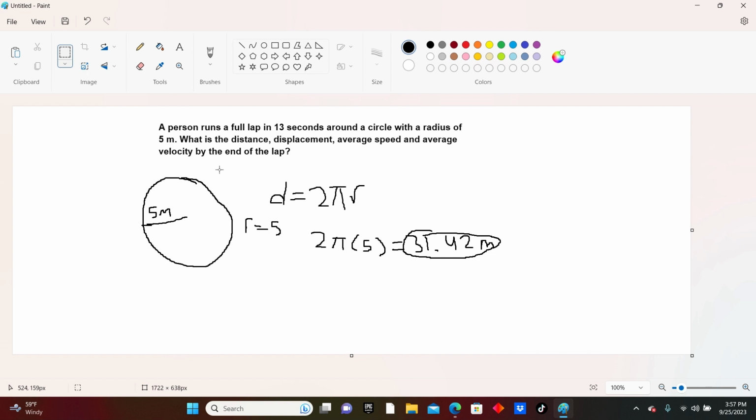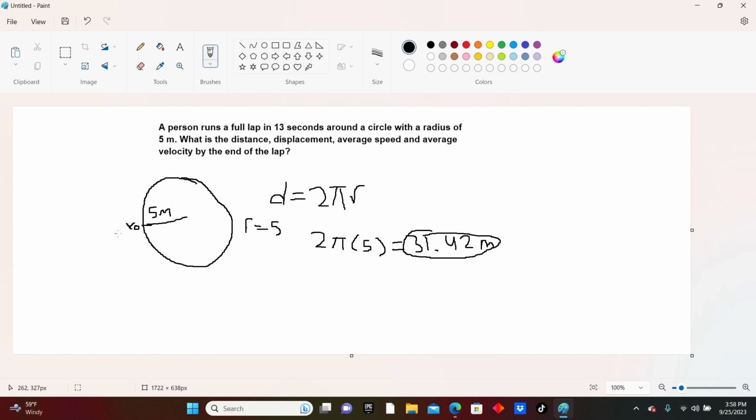Now let's take a look at our displacement. For displacement, like I said previously, you want to look at the starting point and the finishing point and find the distance between them. When the guy starts running, his initial point is, let's say, right here, but he does one full lap.